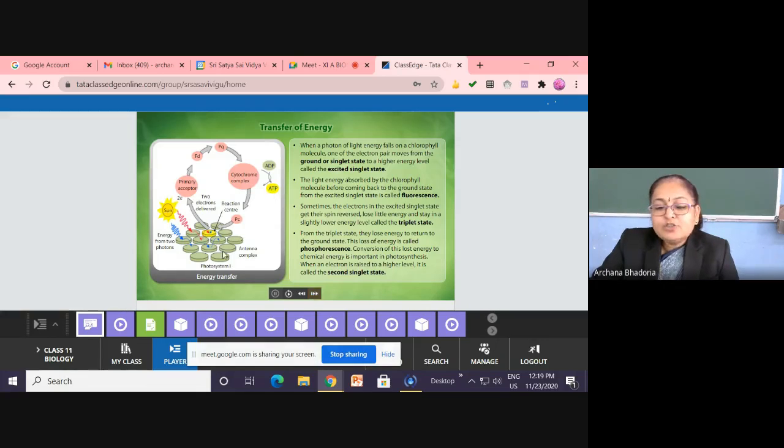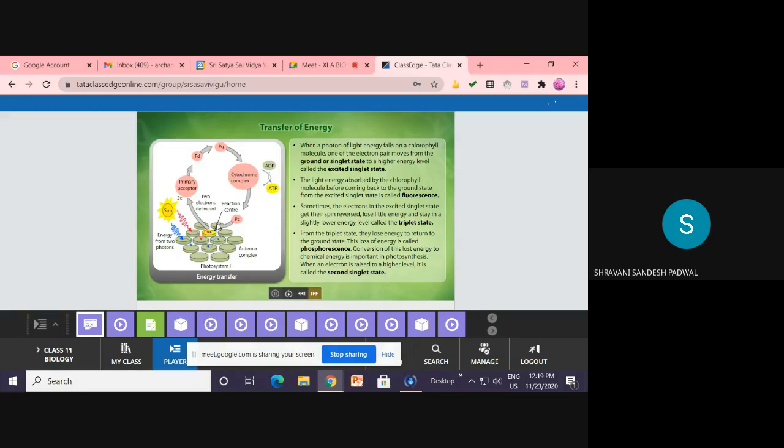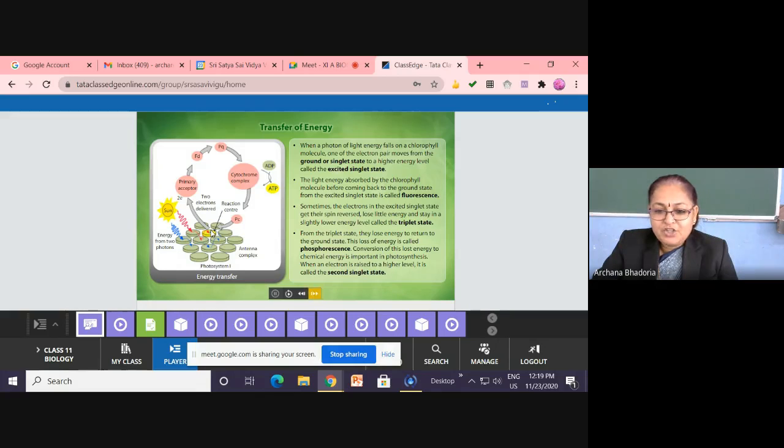Is it clear? This is the cyclic photophosphorylation, children. What is it? Cyclic photophosphorylation. Why? Because the ATP synthesis is going on in the process of electron transfer, which is going on in a cyclic way, meaning it is returning back to the same.